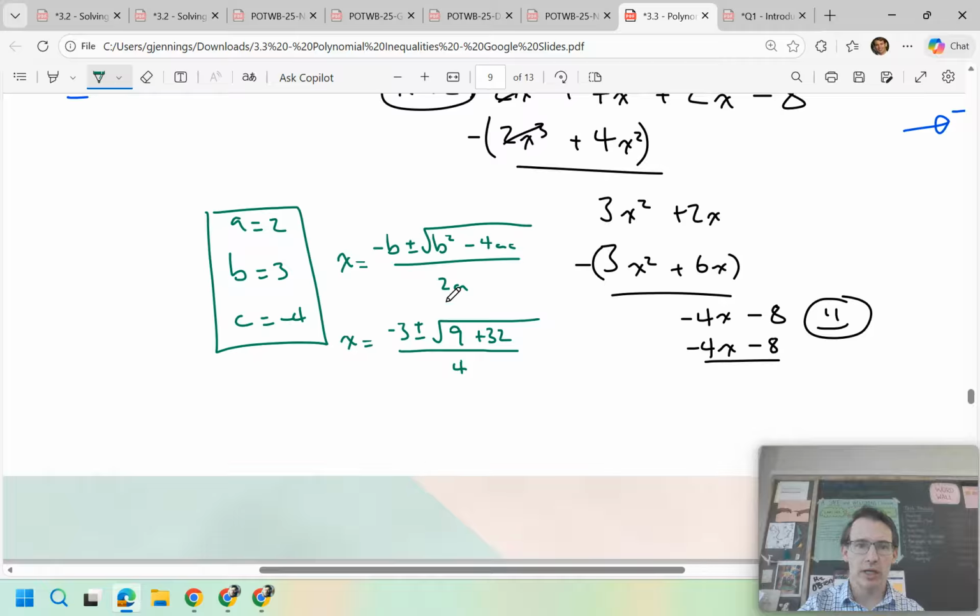I can check here visually, going back and checking this line to that line. 4 times a times c is indeed 32, and it's positive because it's negative times negative. And then b squared, so I'm good. So one more line, and we have x is equal to negative 3 plus or minus root 41 over 4. Anyone know anything about root 41?